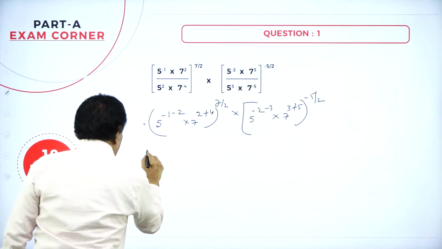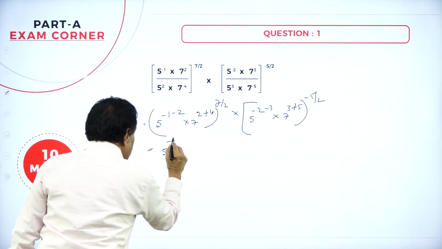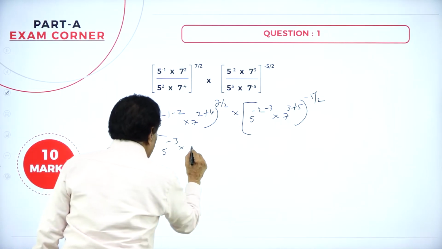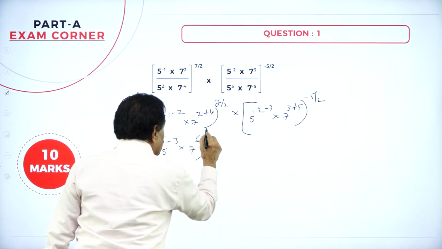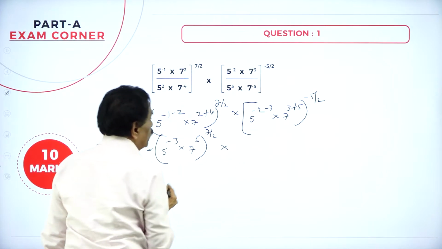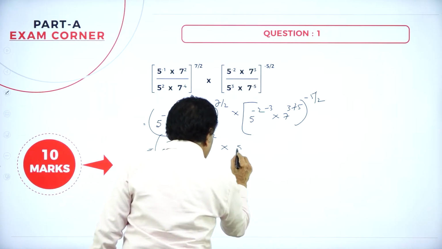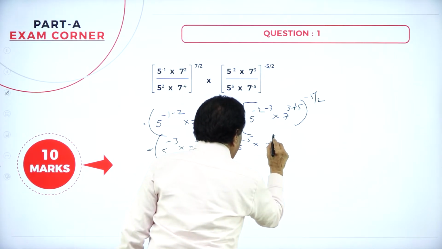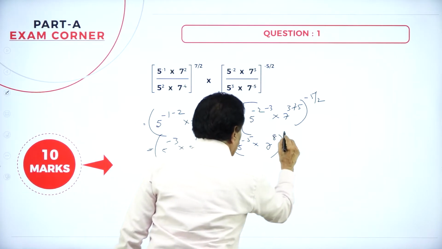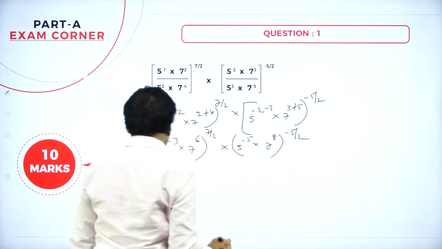Simplify. This is 5 to the power of minus 3, 7 to the power of 6, whole to the power of 7 by 2, into 5 to the power of minus 5, into 7 to the power of 8, whole to the power of minus 5 by 2.